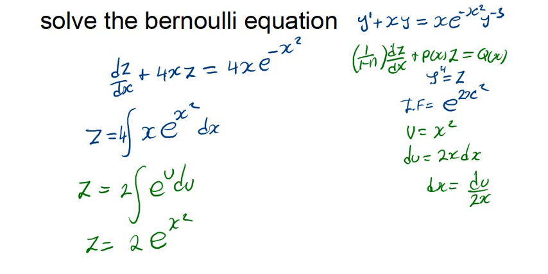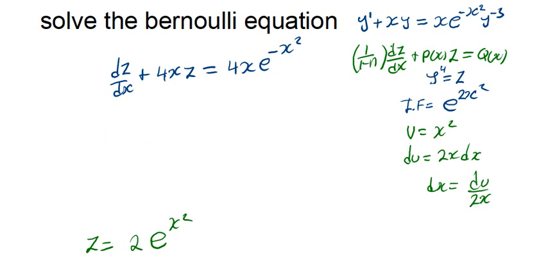So we are not yet done here, so we have to multiply what we have by the integrating factor. Okay, so we're going to say integrating factor multiplied by z is equal to what you have here. And by the way, we are going to add a c here. So this is going to be 2e to the x squared plus c.